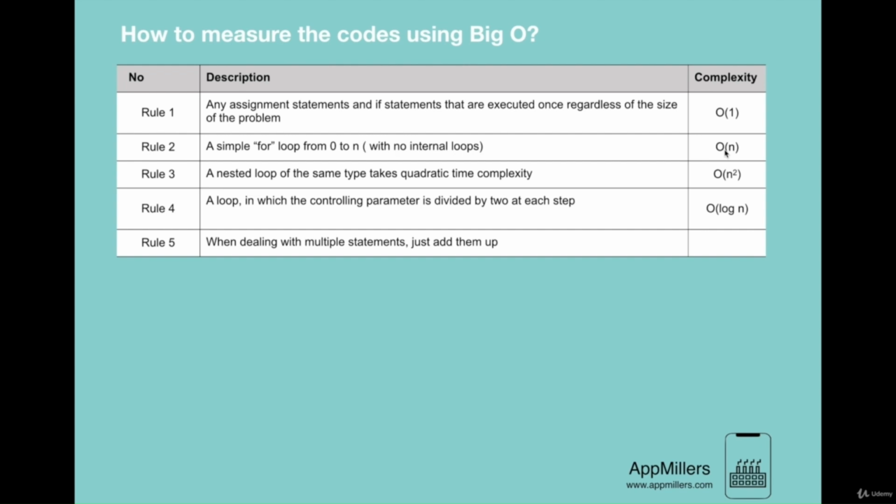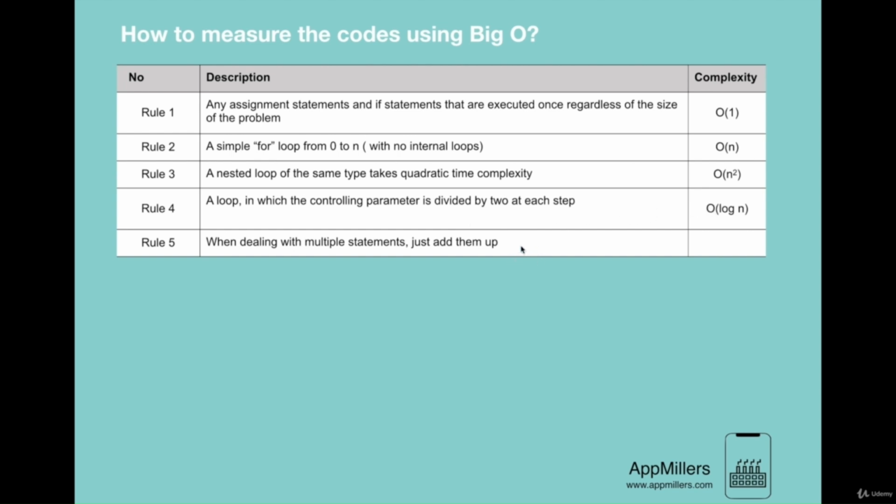Then the third rule is a nested loop of same type takes quadratic time complexity, which means that if we have any loop inside another loop, it will take quadratic time complexity, which is O(n) squared. And the fourth rule is a loop in which controlling parameter is divided by 2 at each step takes logarithmic time complexity.